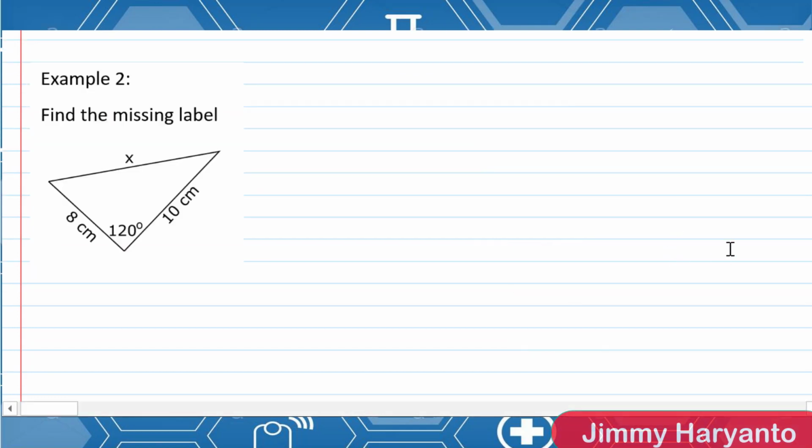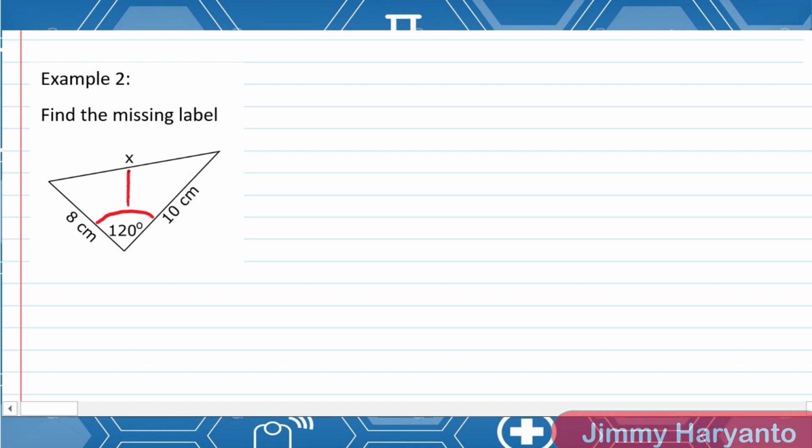And the next is example 2. For this one, we only have one angle, 120 degrees. If you only have one angle, I prefer to use the cosine rule. So for x, I will show you how to use the cosine rule properly. This one is 120 degrees.